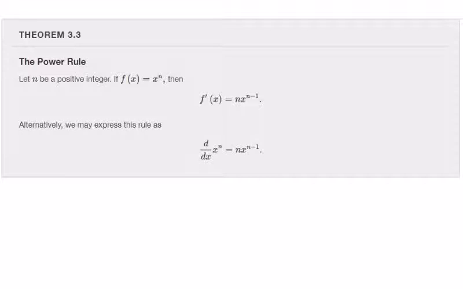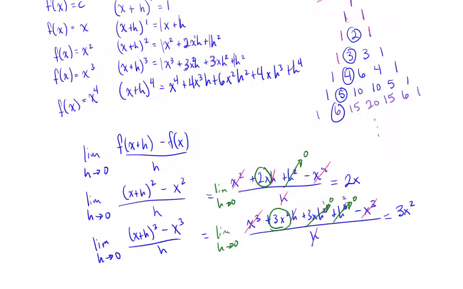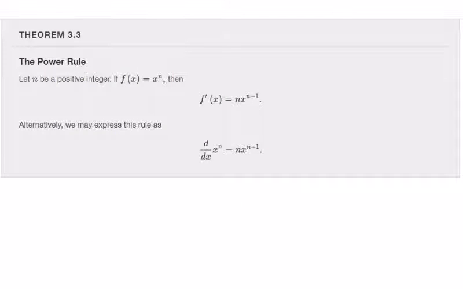And then the only thing left is that second term, and that second term is always whatever the exponent is as a coefficient, and then with x to the power of 1 minus whatever that exponent was to begin with, right? Okay, so that's the power rule.